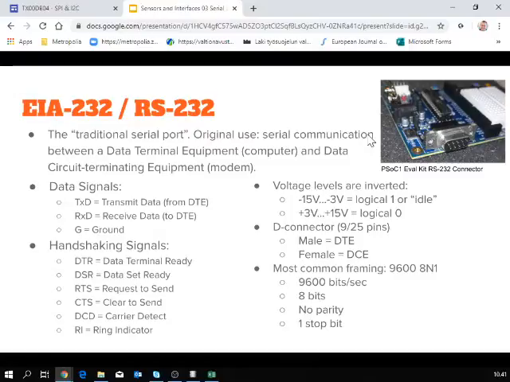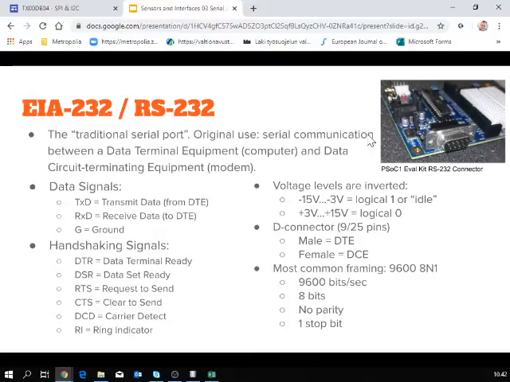RI, ring indicator: basically a separate line for answering the phone by the modem. Another signal, carrier detect: if a modem is making a call, it must wait for the carrier signal, which is just a tone, but you cannot hear it anymore.